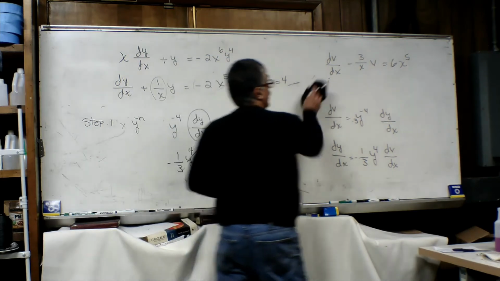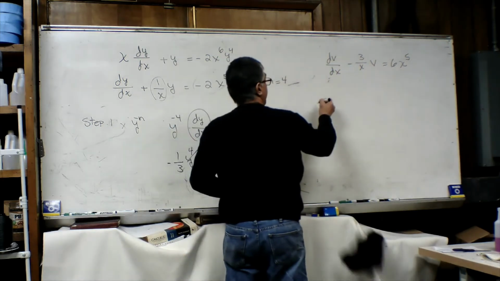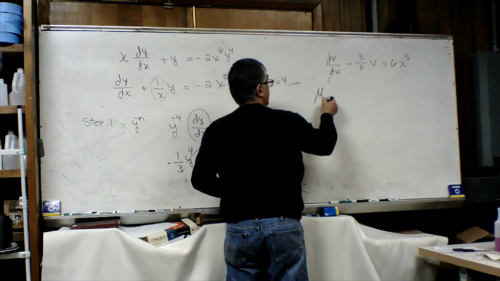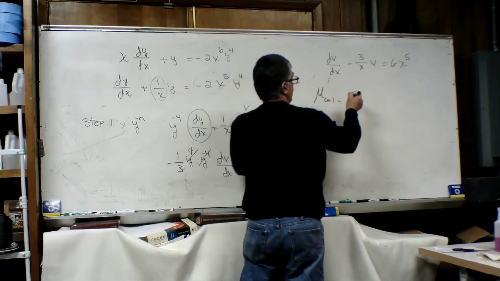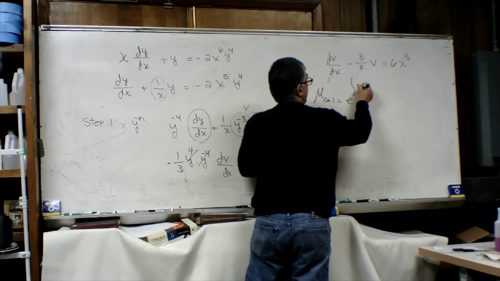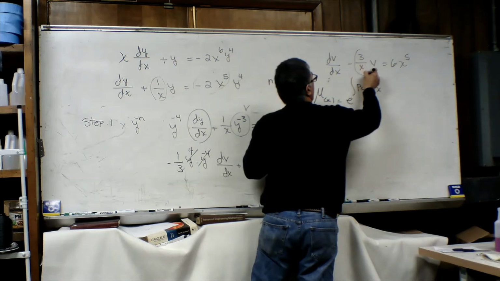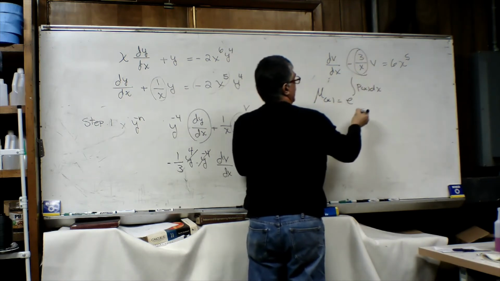So in order to solve this equation, we have to find the integrating factor mu(x), which will be equal to e to power integral of p(x) dx, and this is our p(x).